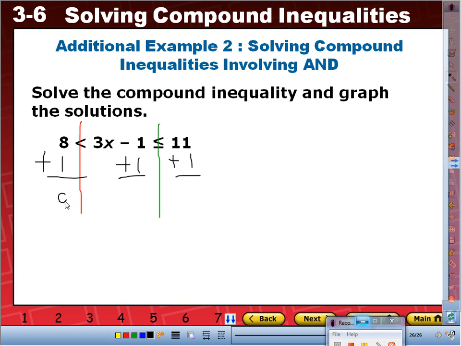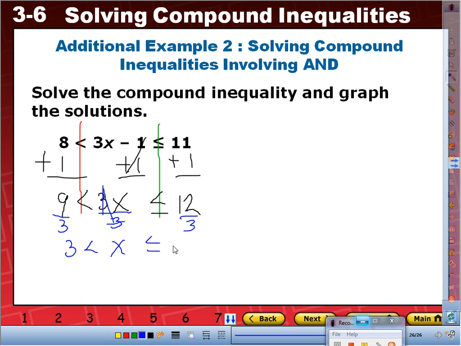This becomes 9 less than 3x less than or equal to 12. By looking at it again, is the x by itself already? No. What do we need to do? Divide by 3. Divide by 3 everything. We're left with 3 less than x less than or equal to 4.